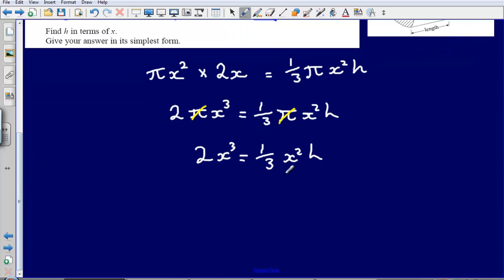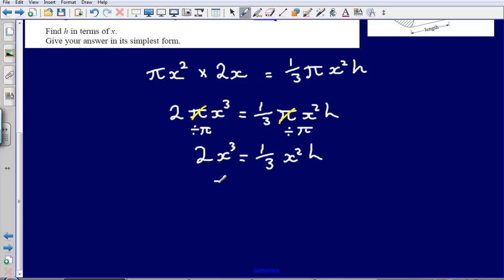Now, what I can also see is that I've got an x factor in both. I've got x squared and x cubed. What I can do is take the factor of x squared, so divide both sides by x squared. I'll write down what I'm doing at each step so that you can follow. Divided both sides by pi.